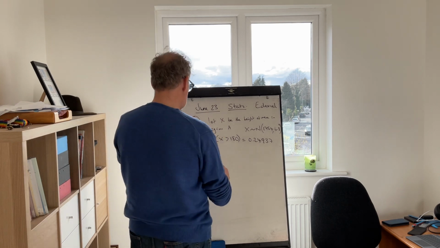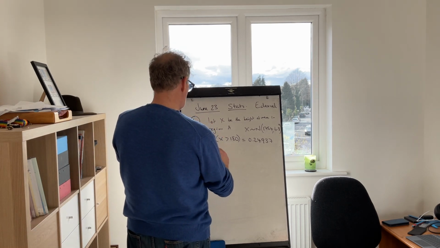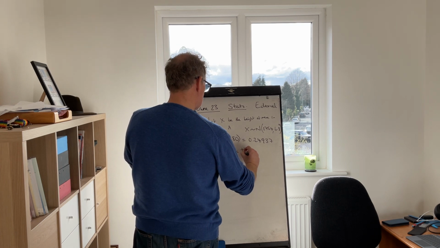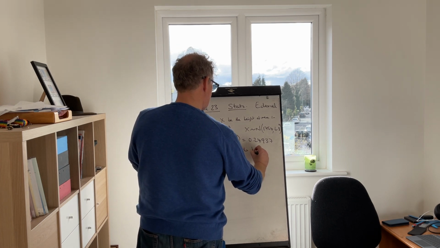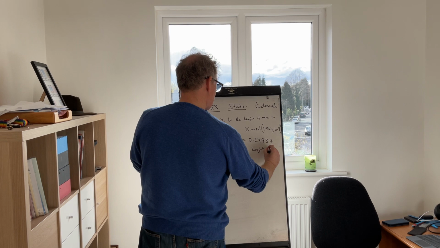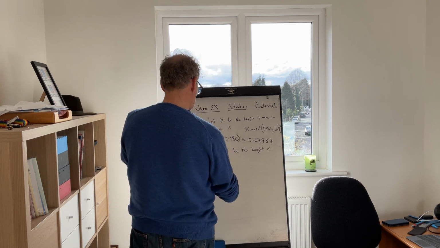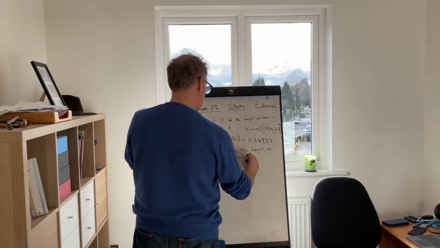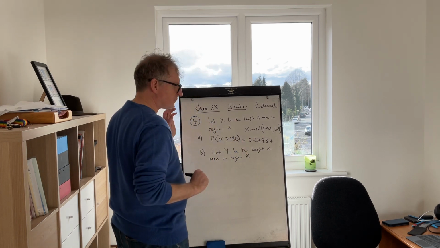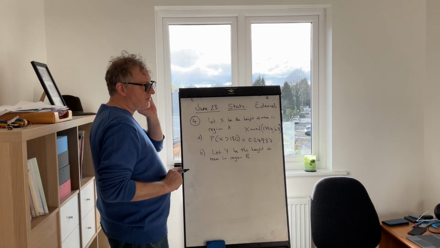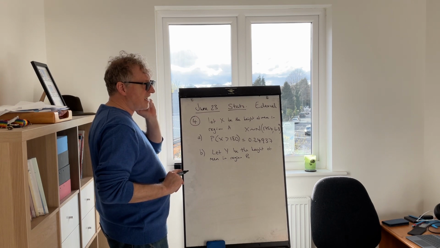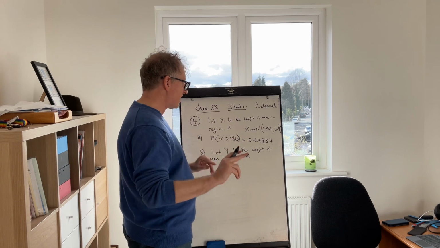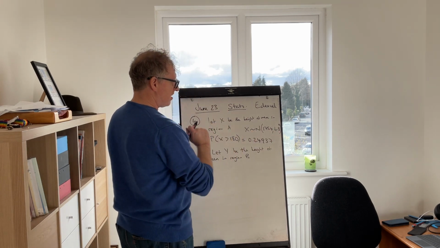So for part B, let Y be the height of men in region B. Okay, so the student is assuming that the standard deviation of the heights of men in both regions is the same. So that 6.8 is going to hold.